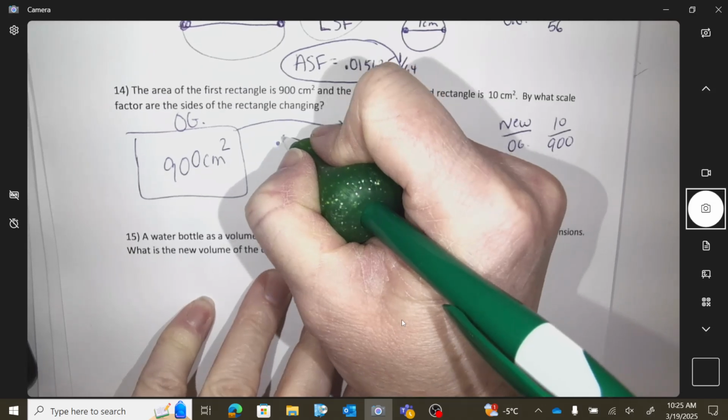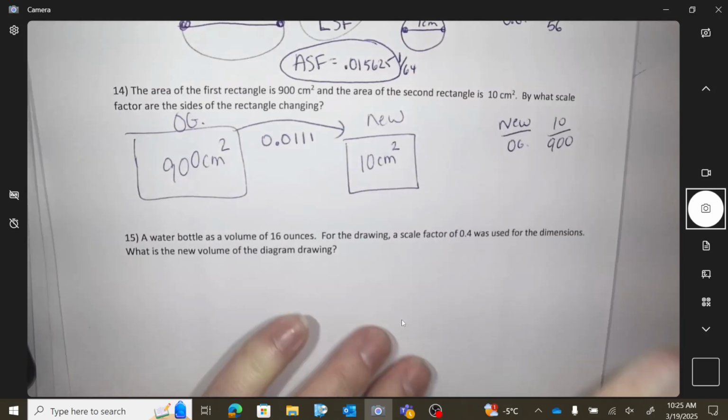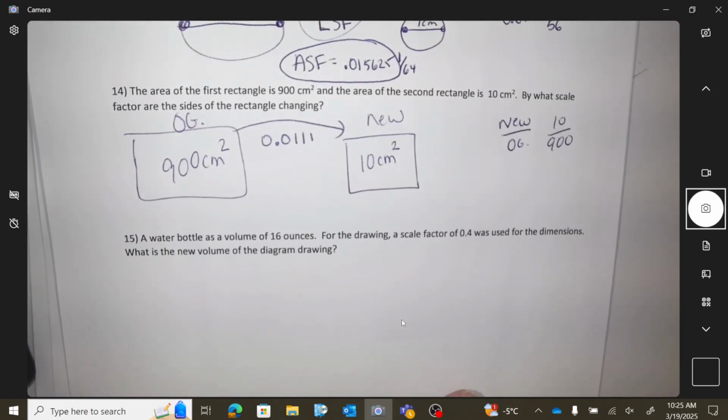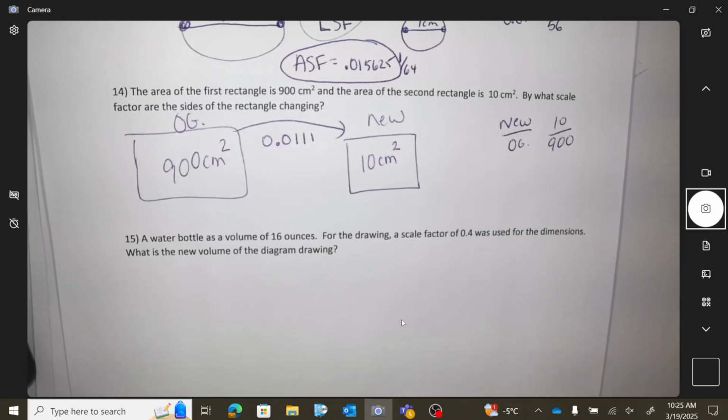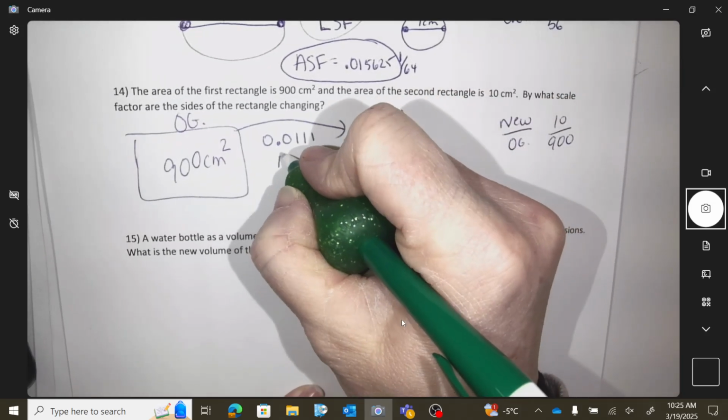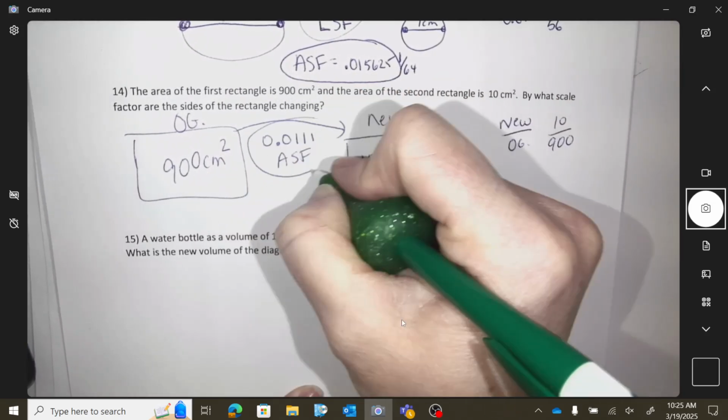So the scale was 0.011111. What should I call that scale factor? What's it comparing? The area.